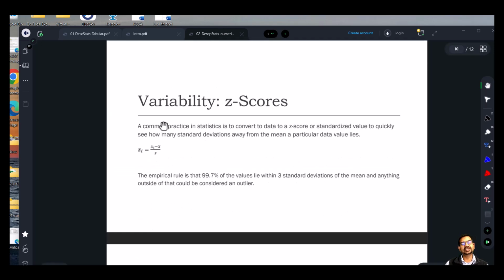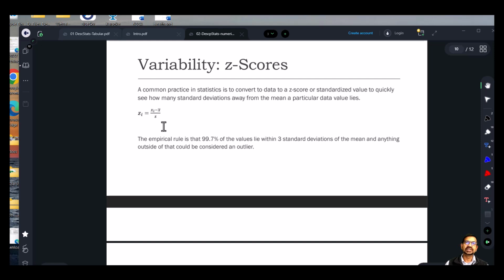So the next concept of variability is the z-score. We've all seen bell-shaped curves. What the z-score is doing is it basically standardizes the data. It looks at a data point, finds its mean and its standard deviation, subtracts the mean from the data point, and then divides by the standard deviation.